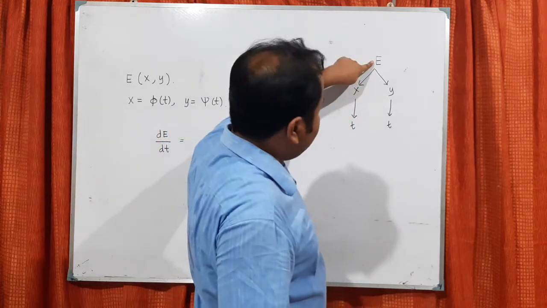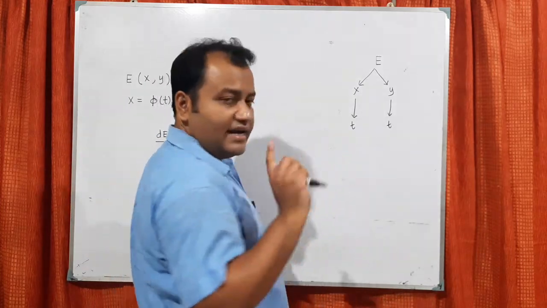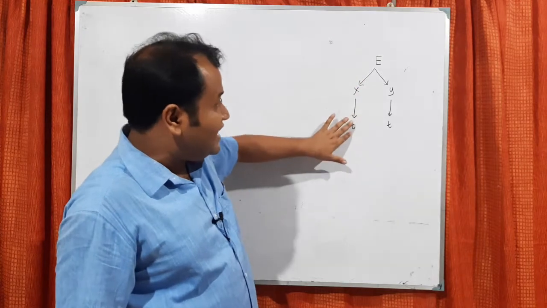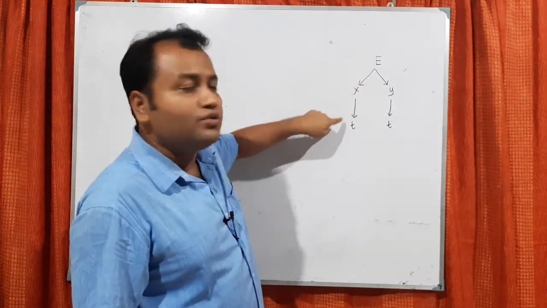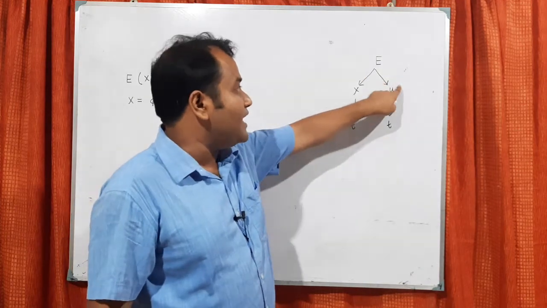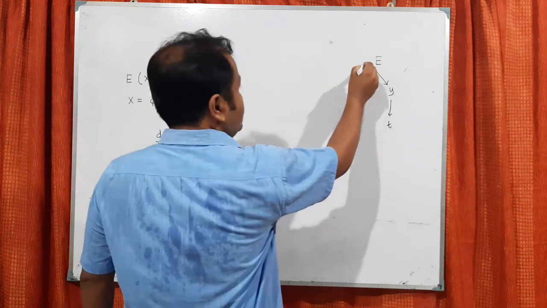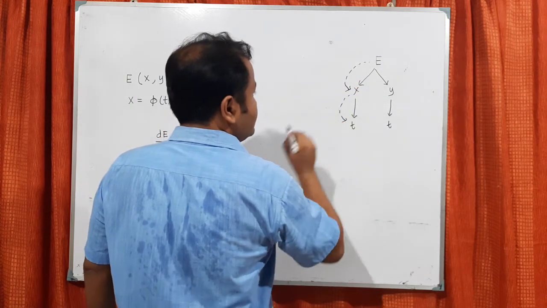I have to find the derivative of E with respect to t, but there is no direct connection between E and t. But E and t have two connections. One is E to x, x to t. Another is E to y, y to t. So this is road 1, I can come here from x.